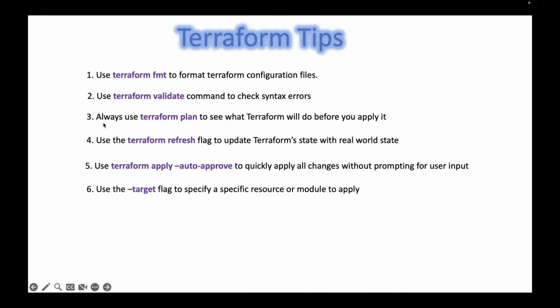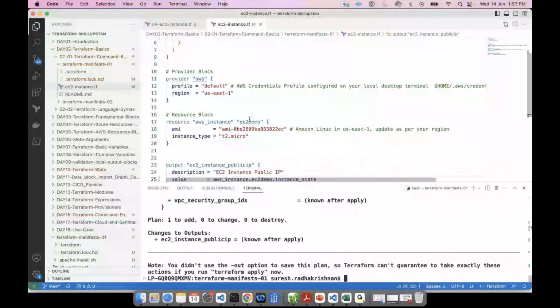And the next one is the target flag. While executing the terraform plan command or terraform apply command, if you use hyphen target, you can apply a particular resource block, right? For example, if I want to execute only this particular resource block, then you can use the target flag.